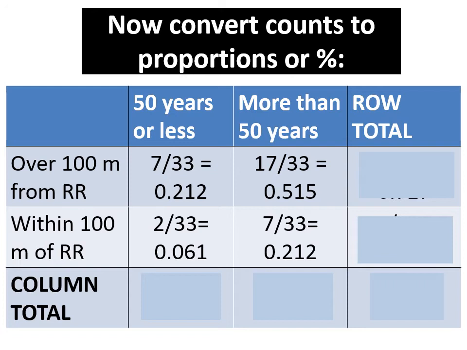Some people are more comfortable with percentages than proportions, but they tell us the same thing. The benefit of this is that it allows us to say, out of all of the observations, what percentage or what proportion of them fall into each of these 4 categories.